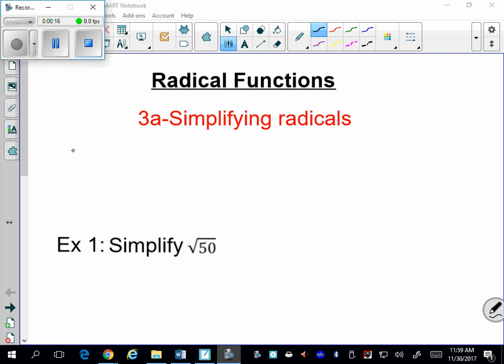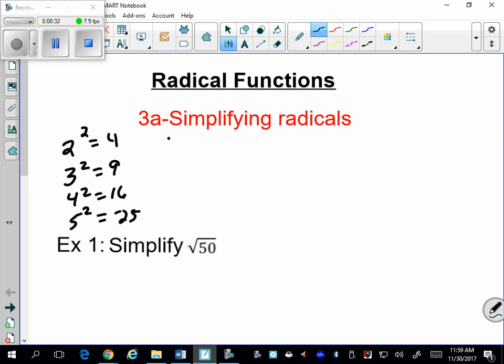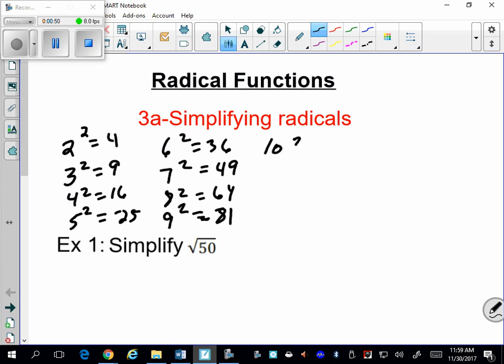So you memorize that 2 squared is 4, 3 squared is 9, 4 squared is 16, 5 squared is 25, 6 squared is 36, 7 squared is 49, 8 squared is 64, and we're going to keep on going, 9 squared is, sorry, that should be 81, 10 squared is 100, 11 squared is 121, 12 squared is 144.